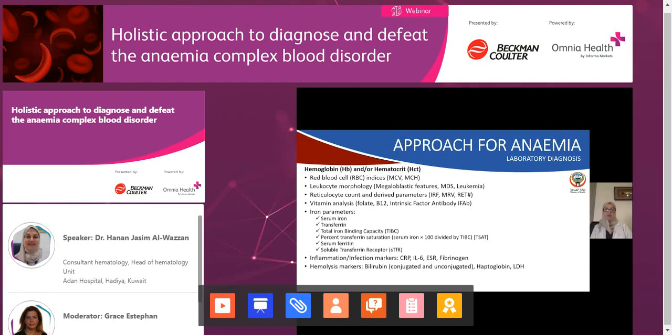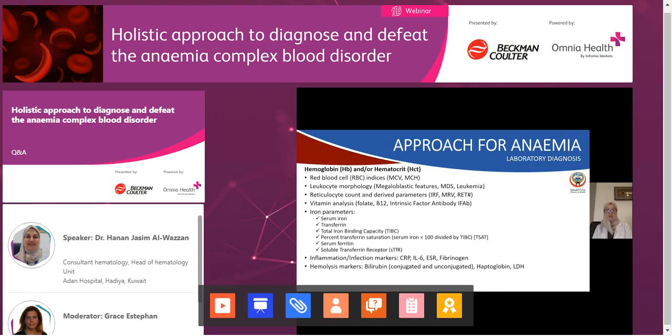In addition, we have chemical parameters including serum iron, transferrin iron binding capacity (TIBC), and percentage of transferrin saturation, which is serum iron multiplied by 100 divided by TIBC, and in addition testing for serum folate, B12, serum ferritin, and soluble transferrin receptors.